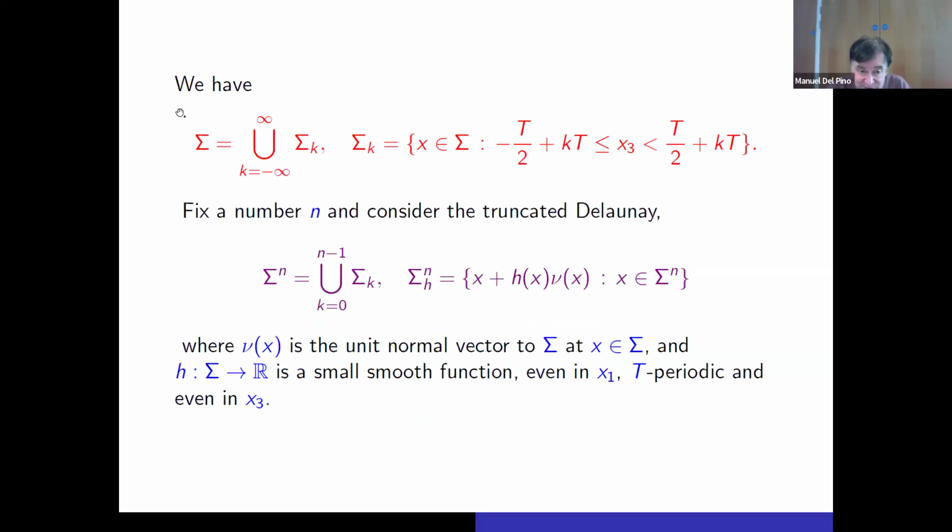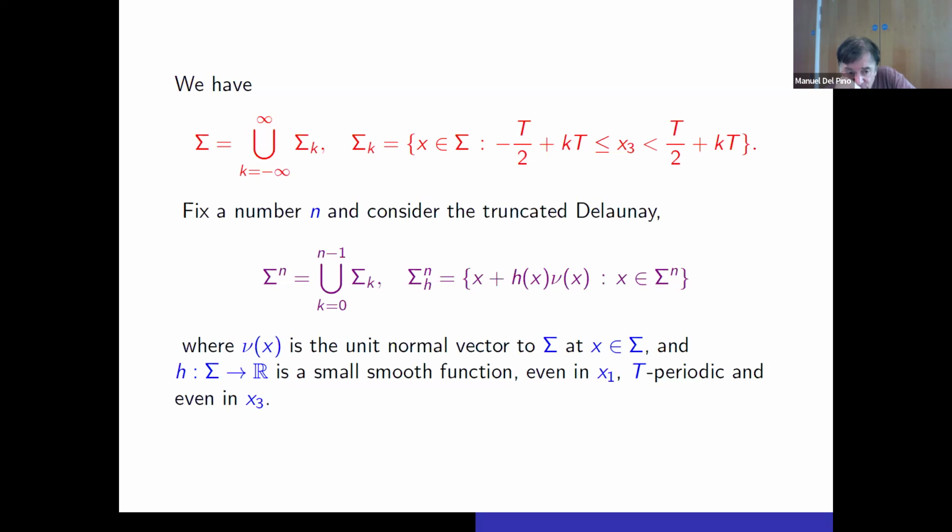Then the total surface sigma, I am omitting A from this notation, can be written as the union from k equal negative infinity to infinity of these sigma k. Where sigma k, by definition, are the points in sigma that lie between two periods. This is what it is meant.